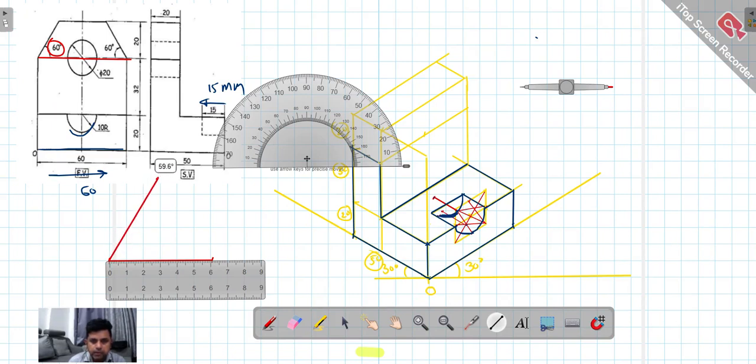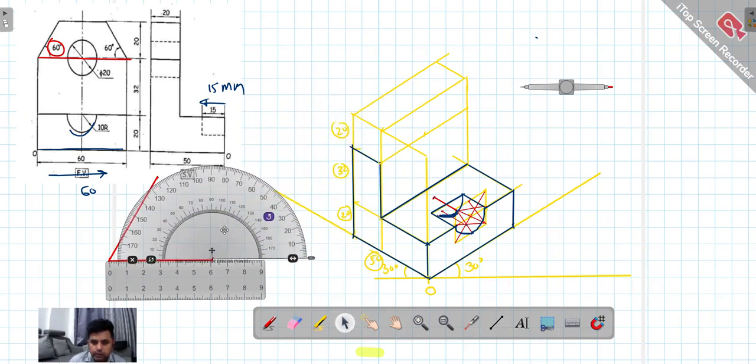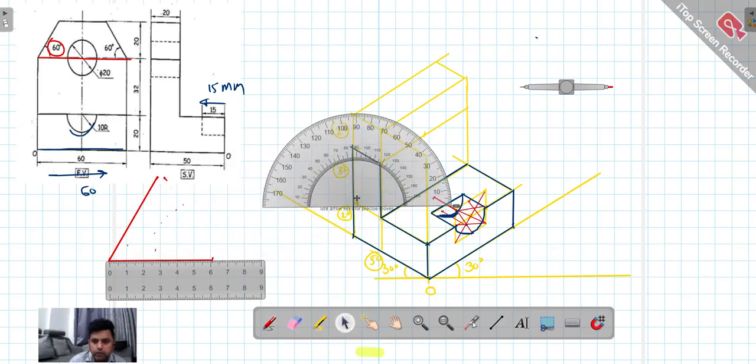This 60 मैंने mark किया. Now what I will take again, protractor. Again 60: 10, 20, 30, 40, 50, 60. This 60 I'm taking, you should mark it exactly.